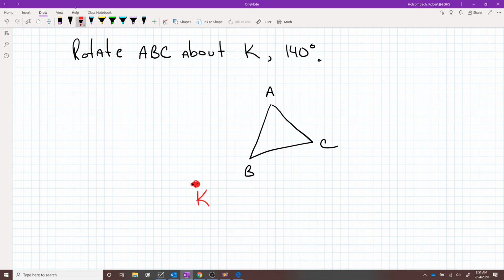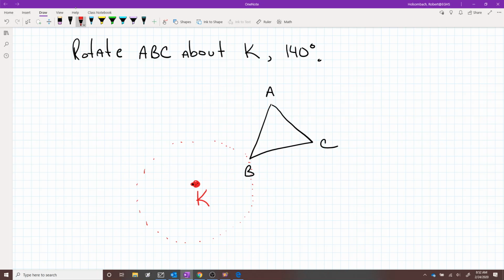Alright? I don't know how good of an imagination some of you guys have. I don't know if you can picture a circle that goes around K. If you can, that's great. If you can't, we'll try to come up with a different technique. Imagine a circle that goes around point K and goes through point B. Can you picture that?